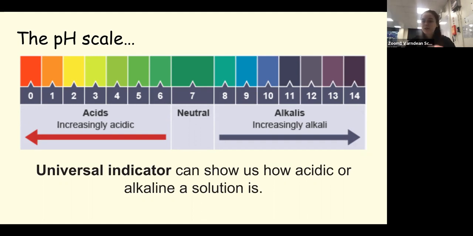When we get to 7, that's neutral, so 7 is something that is neither acidic nor alkali. Something like water would be there in the middle. Then we keep going all the way through blues and purples, so we're getting increasingly alkali, with more of our OH- groups being lost and being in our solution.